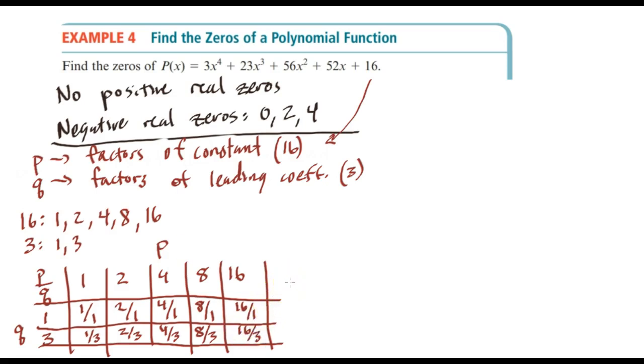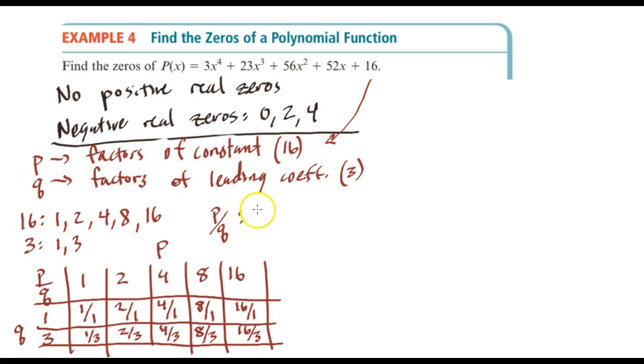All right, so if we wanted to find all the possible rational zeros, then 1 divided by 1 is 1. All the possible rational zeros is P divided by Q, again.